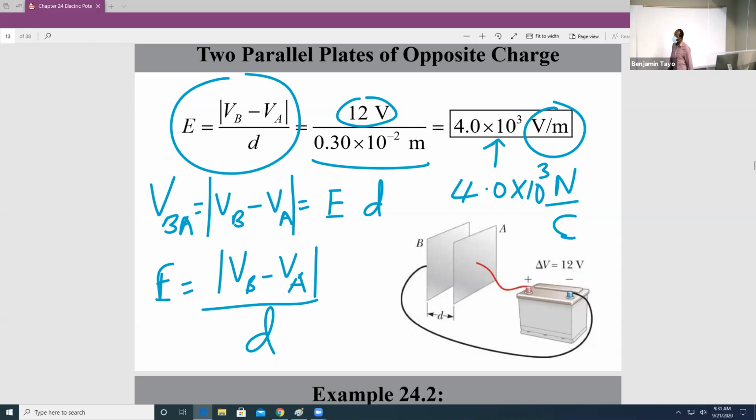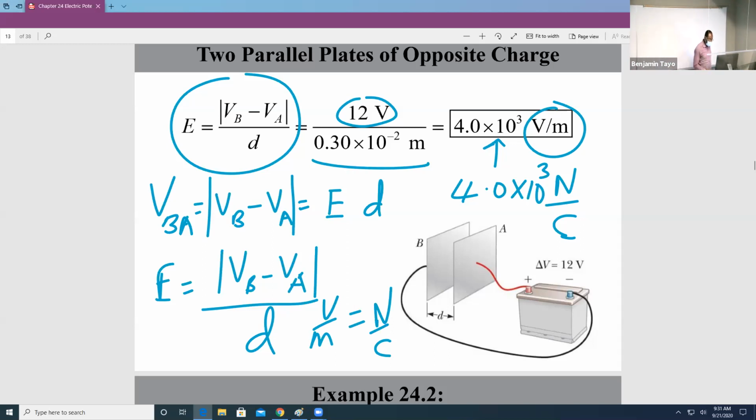Now, how can you prove that this is the case? I want to prove that volt per meter is the same as Newton per Coulomb. How do you show that 1 volt per meter is equal to 1 Newton per Coulomb? Volt is joules per coulomb, and joules is force times distance.